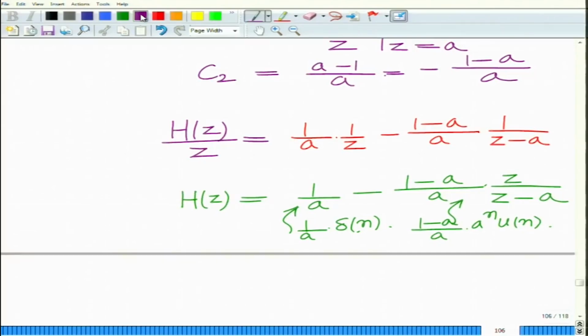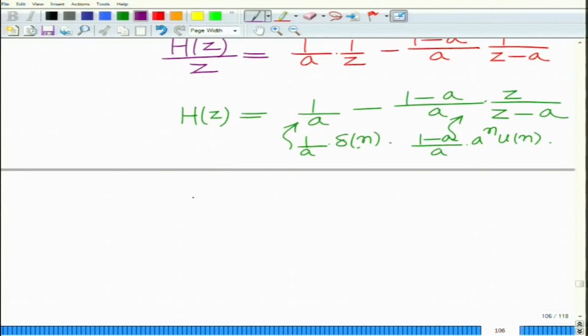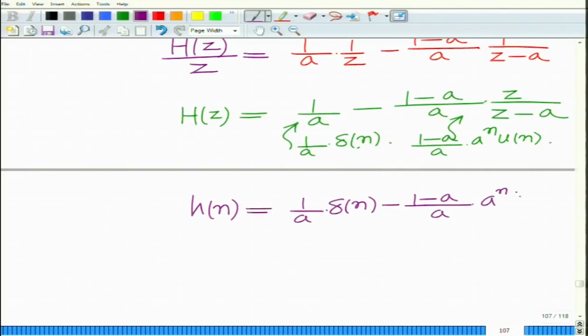So therefore, if you take the inverse z transform, h(n) is 1 over a delta n minus (1 minus a) over a raised to n u n.